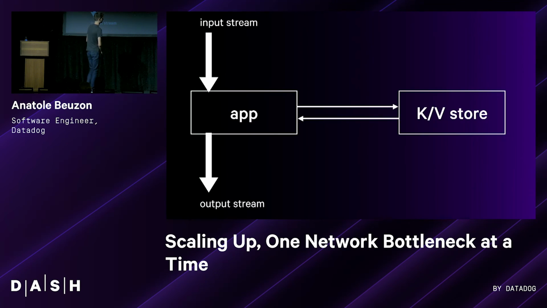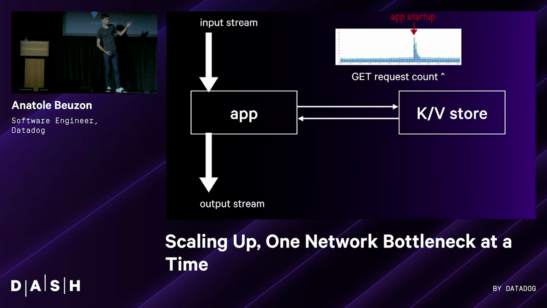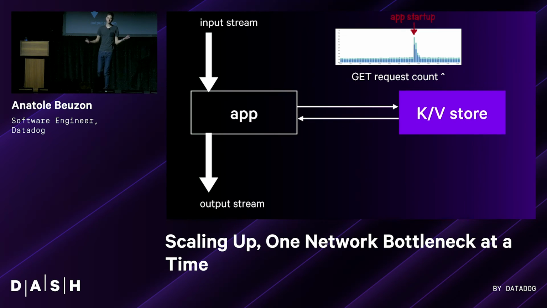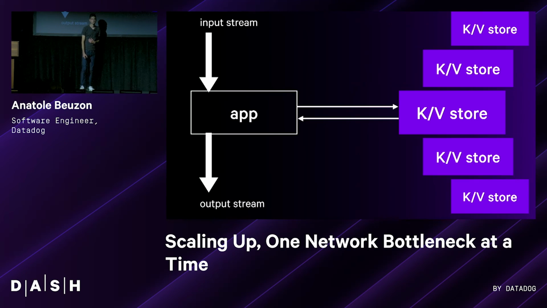At this point, our immediate thought is, when our app restarts, it makes a lot more requests than in steady state. See the spike here of requests at the restart. So maybe the key value store is struggling to process this surge of requests. Maybe the key value store is slow, and we should give it more resources to be able to handle that amount of requests.